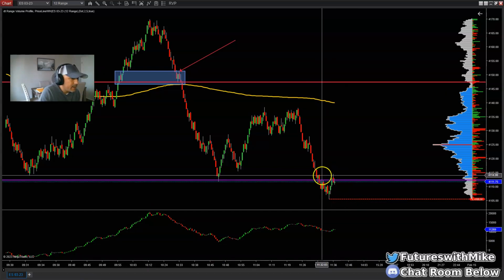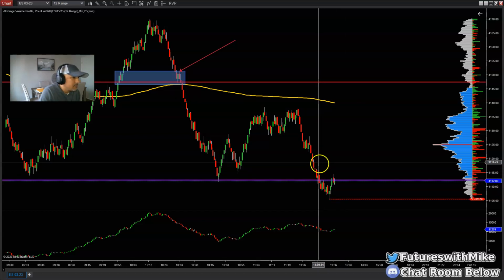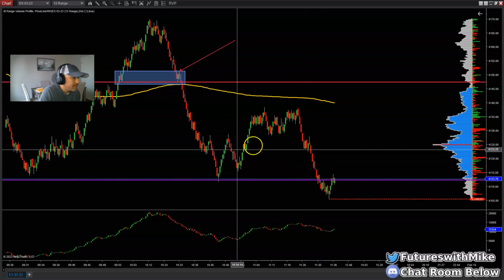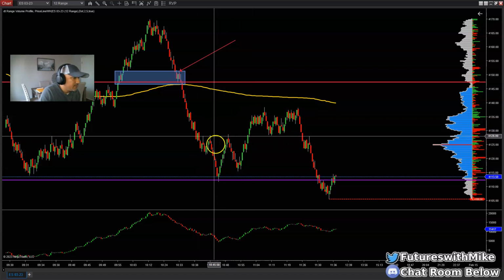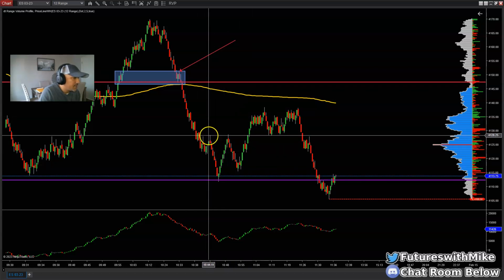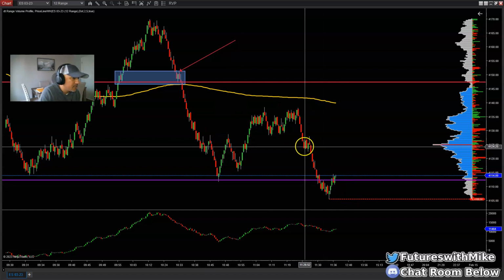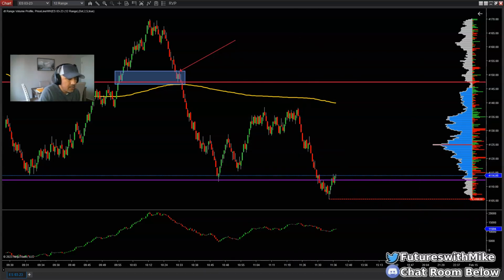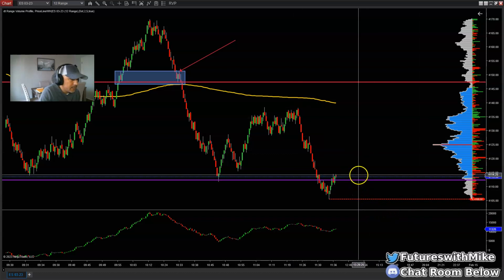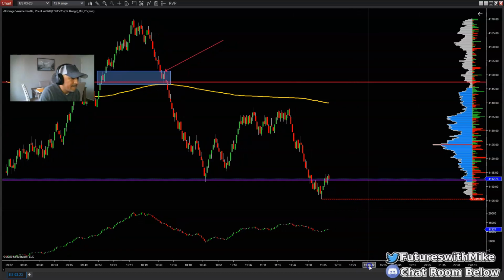This is going to break here and then want to test up here. If you pay attention to what happened here, price broke structure back to the upside right here before pushing back lower. So there's supply right here as well as up here at the top. I'm waiting to see what price is going to do right here.